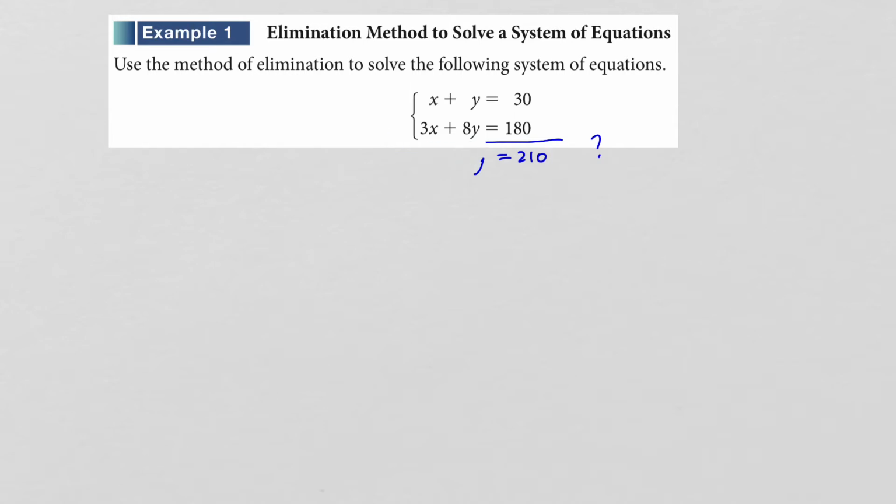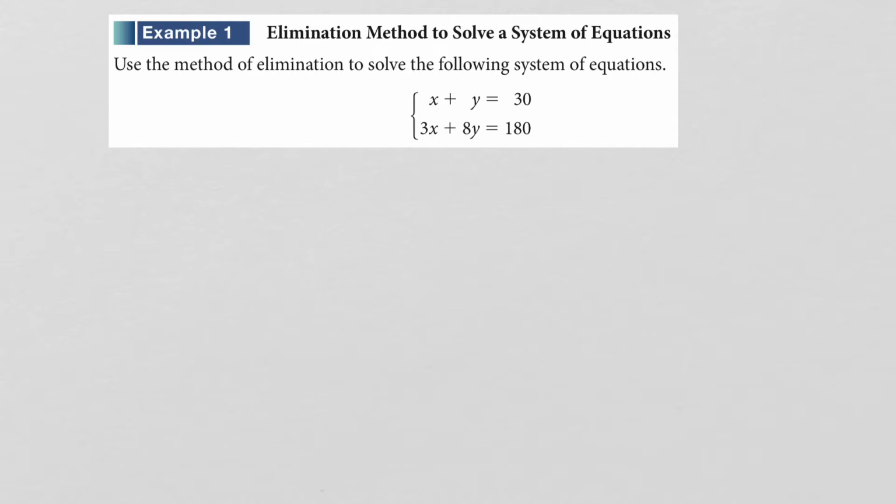So instead, what I want to do is take one of the two equations, or both if necessary, and multiply it by a constant so that when I add the two equations together, something cancels. So for example, if I want to cancel the x's here, when I add these together, I need these to equal 0. And the way to get that is to multiply this x term by -3.